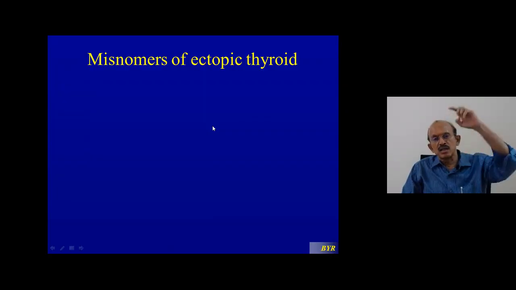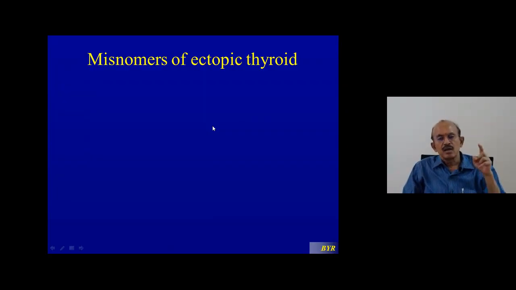This will cause reduction of TSH, and this reduction of TSH will cause suppression of the lingual thyroid. So you give for 15 days, estimate the thyroid hormones and look at the lingual thyroid. The swelling is decreasing, the thyroid levels are normal, you continue the same dose, and within 3 months the lingual thyroid will disappear. You will not see the lingual thyroid.